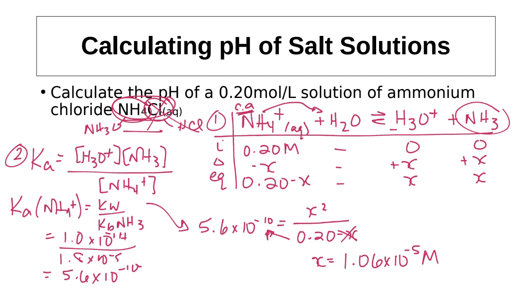So when we rearrange and solve for x, we get an x value of 1.06 times 10 to the negative 5. So the good news is this x value is for hydronium, and they ask us to solve for the pH.